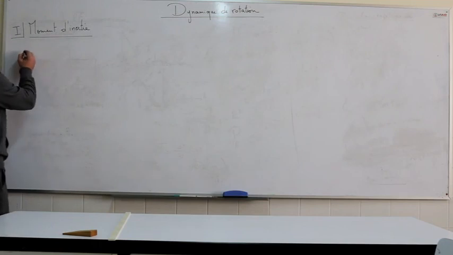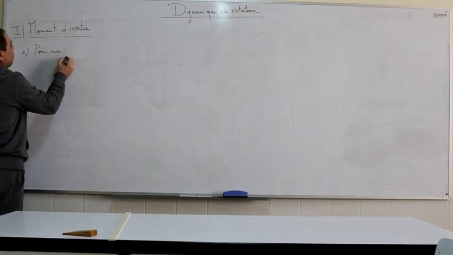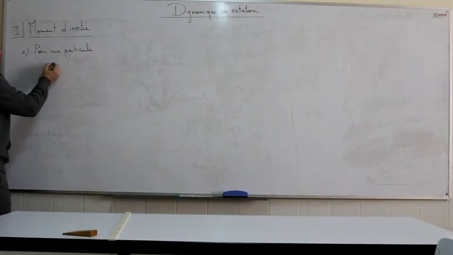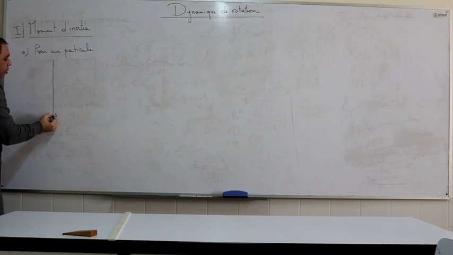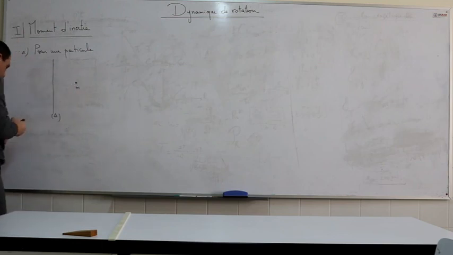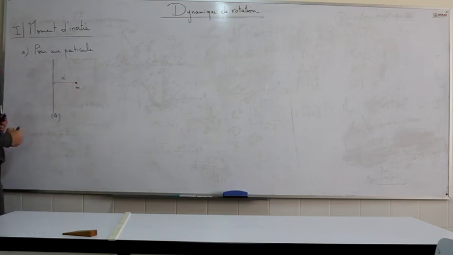By definition, the moment of inertia of a particle: take this axis of rotation delta, and this is the particle of mass m, that is at a distance d from the axis of rotation.